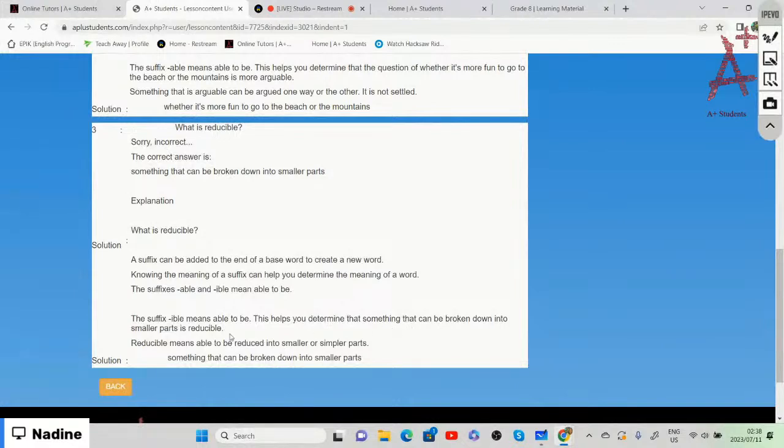That is when we basically break down things into parts. So now you're making it reducible, something that is being broken down into smaller parts. That is reducible.